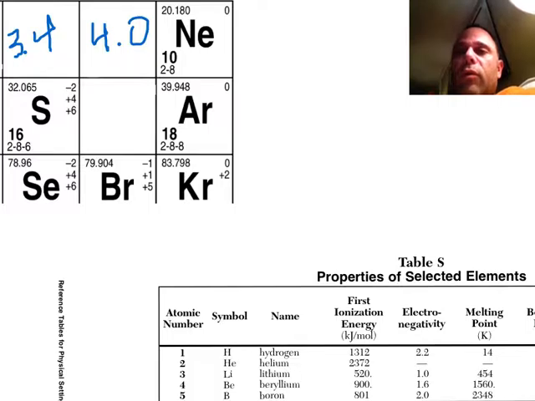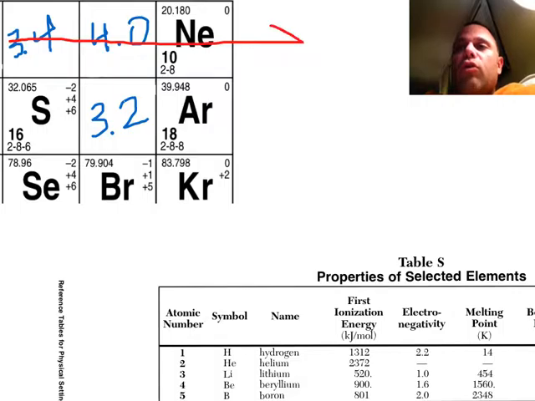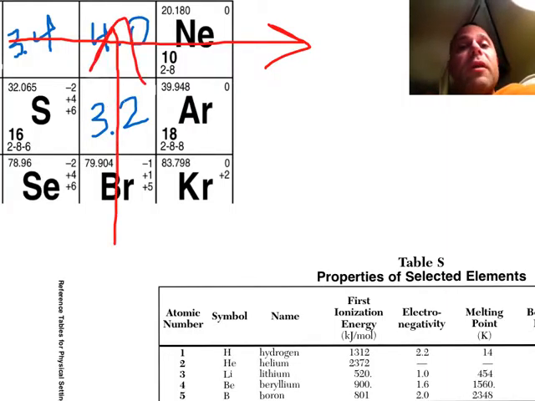So again, as you move to the right across a period, the electronegativity goes up. As you go up the group, the electronegativity goes up.